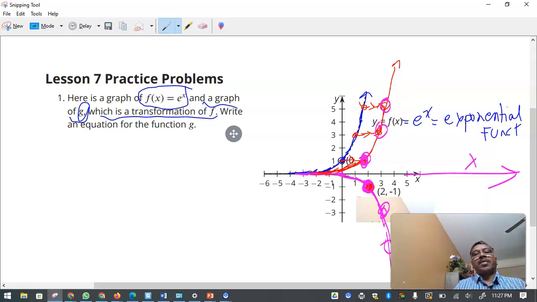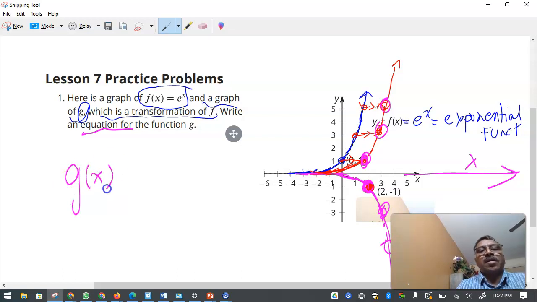So what are you supposed to write? Write an equation, that means the new function g(x). The first step is I moved it 2 places to the right. So I have to write the original function f. When I move to the right, you have to write x and then write the opposite, so x minus 2 for 2 places to the right.